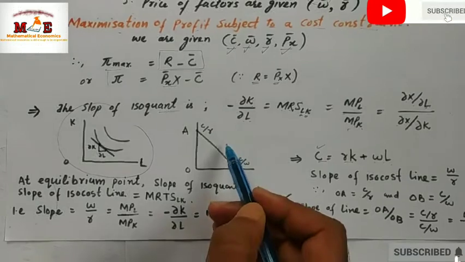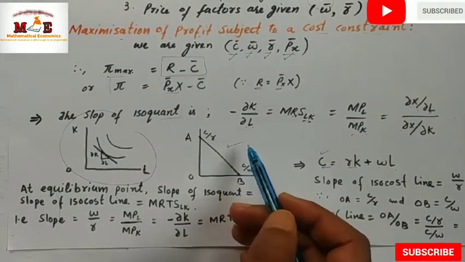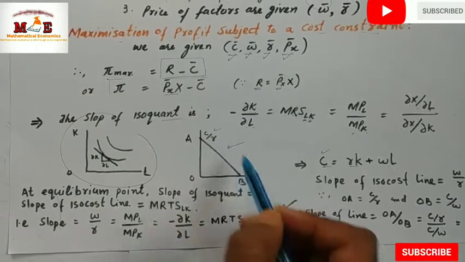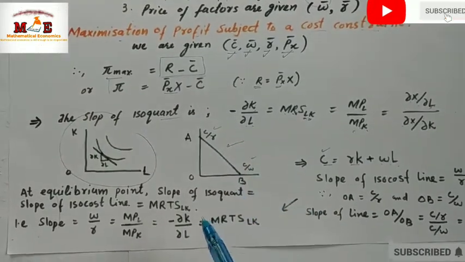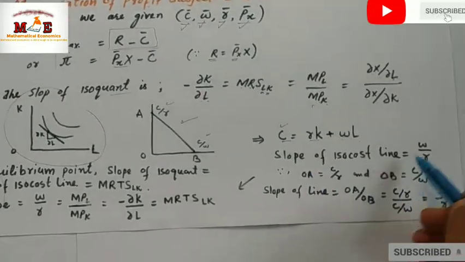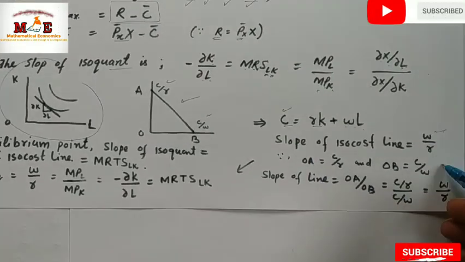The slope of the isocost line is equal to the ratio of the prices of the factors of production. Therefore, the slope of the isocost line equals W by R.